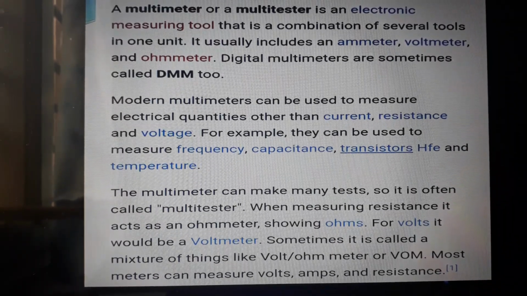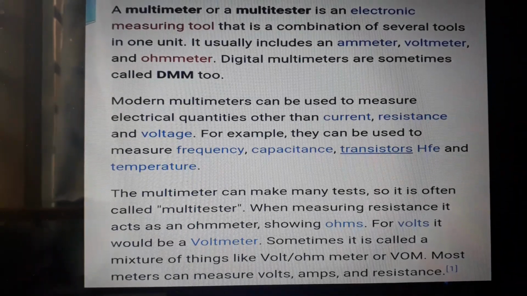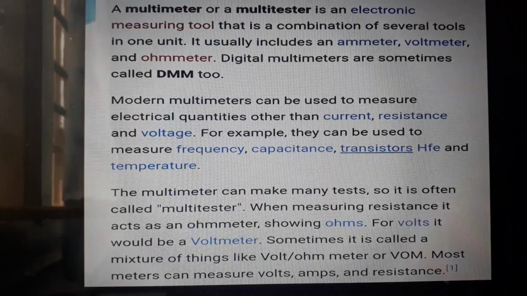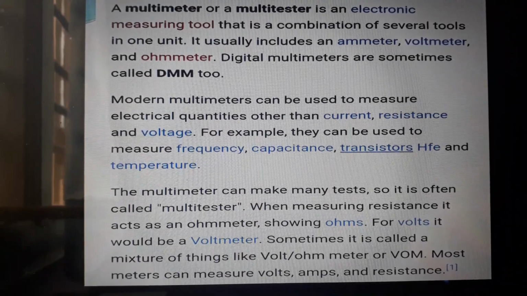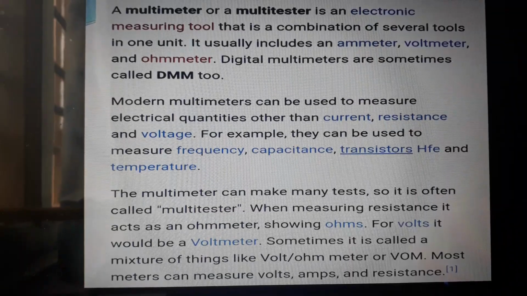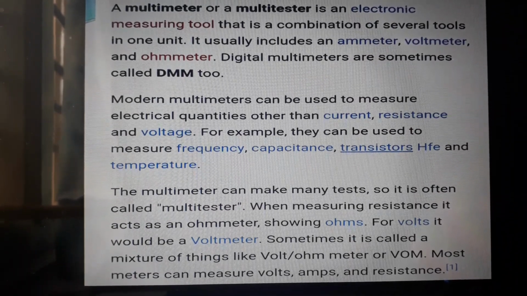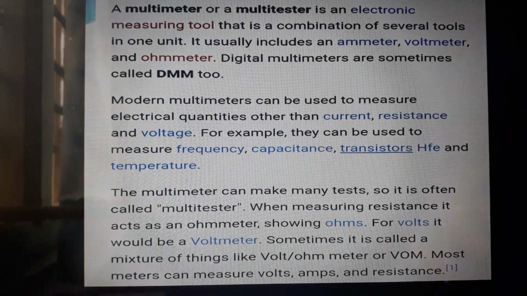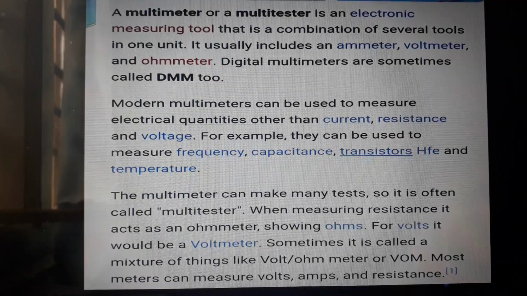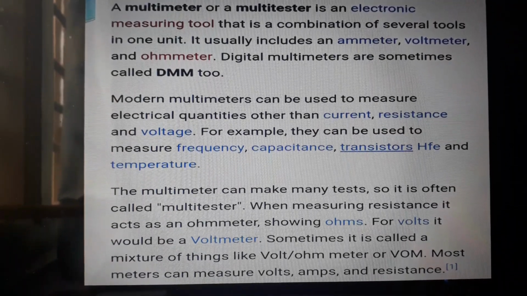When measuring resistance, it acts as an ohm meter, and it shows ohms. For volts, it would be a voltmeter. While measuring voltages, it acts as a voltmeter. Sometimes it is called a mixture of both, a volt per ohm meter, that is VOM, because it can measure voltage along with ohms.